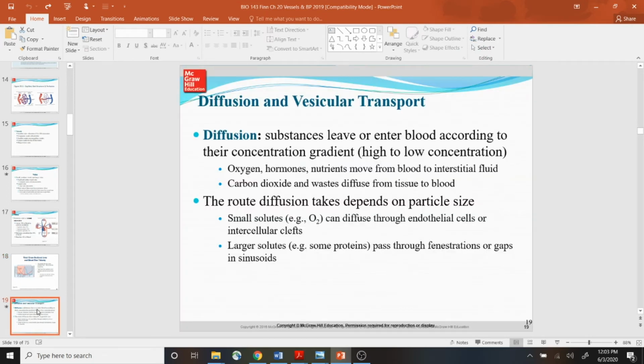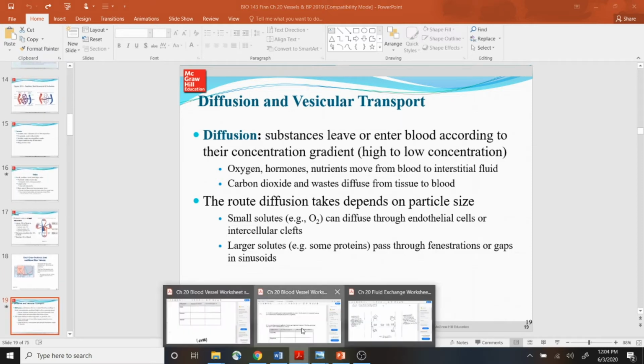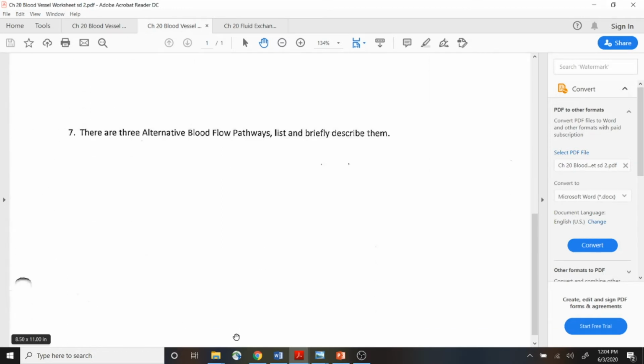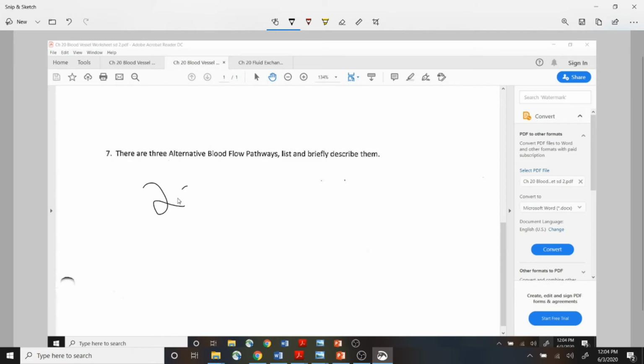All right, let me just make sure I'm on track here with giving you everything that you need. By the way, I'm not going to talk about the alternative blood flow pathways. If you are curious about the information here, you can simply go to figure 20.8 and fill that in.